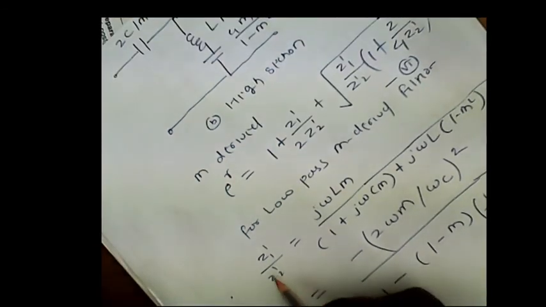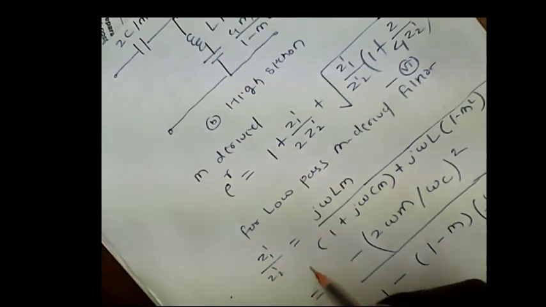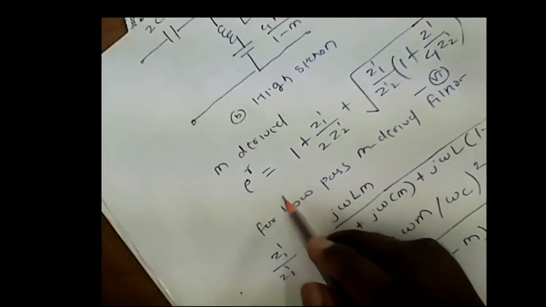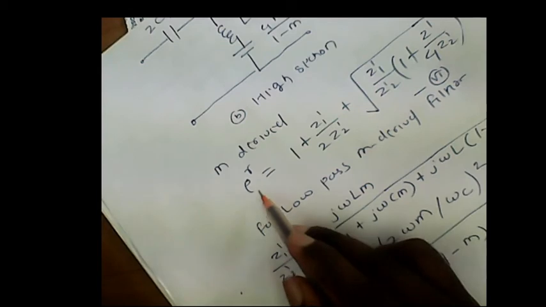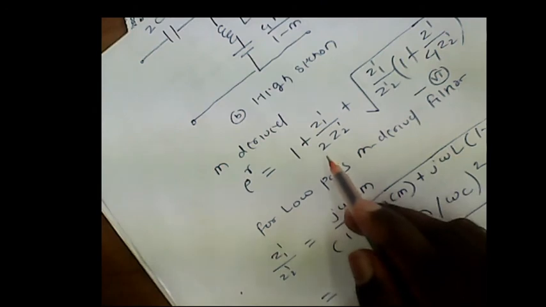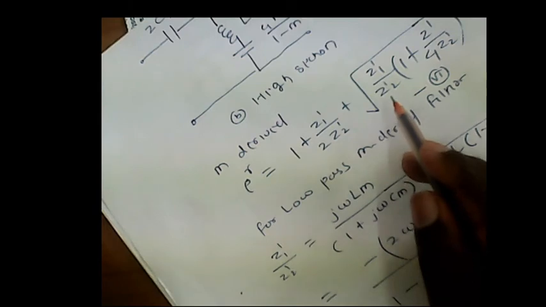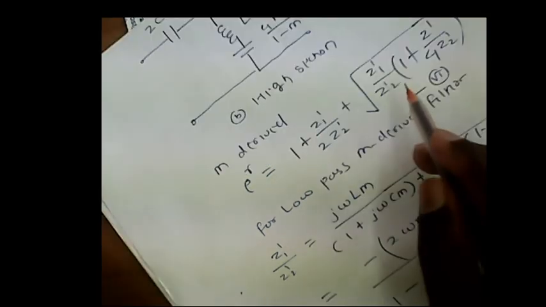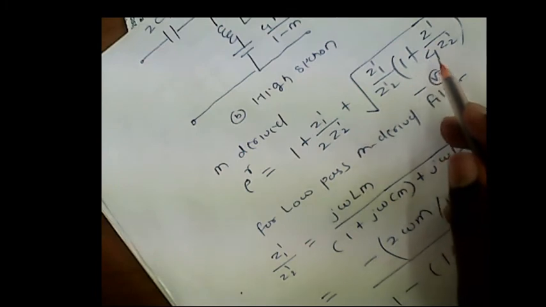So we can find the ratio of Z1 by Z2 to derive the propagation constant or propagation factor for the m-derived section, which is 1 plus Z1 dash divided by Z2 dash, plus under root Z1 dash upon Z2 dash, times under root 1 plus Z1 dash divided by 4 Z2 dash.